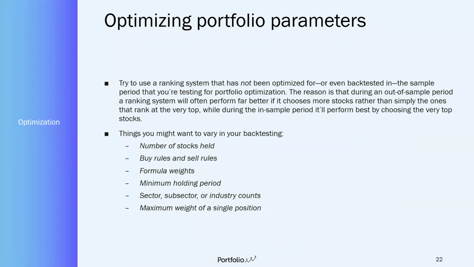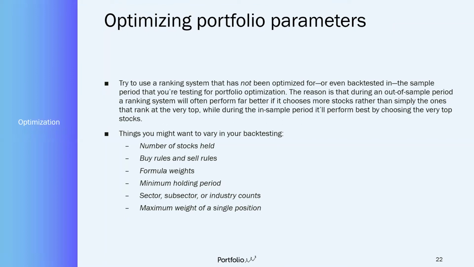Now, optimizing portfolio parameters. In my opinion, the best way to optimize a portfolio is to use a ranking system you created 3 to 5 years ago or even longer, and then see what portfolio configuration works best with it during the period after you created it.